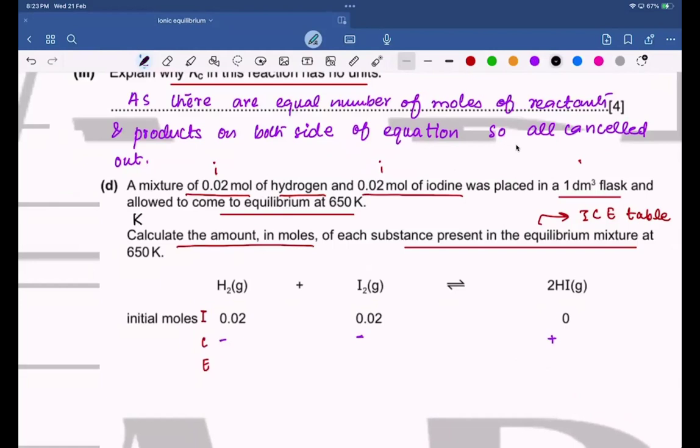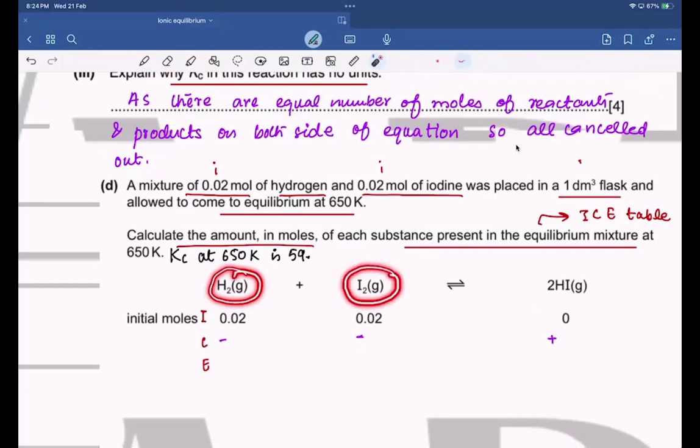So let me write over here: Kc at 650 Kelvin is 59. What we know from this balanced equation is that whatever the decrease in the moles of hydrogen, the same will be the decrease in the moles of iodine, isn't it? Because their ratio is 1:1.